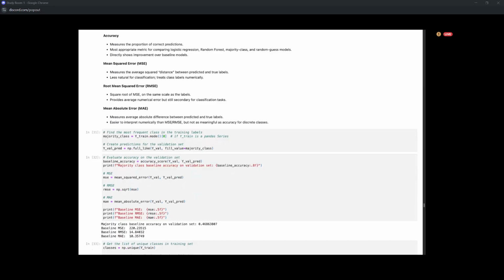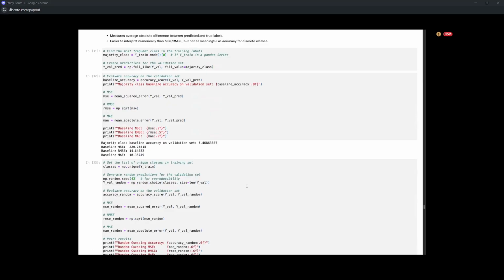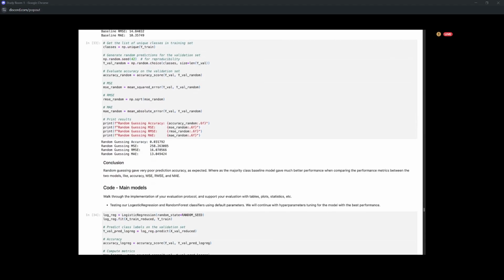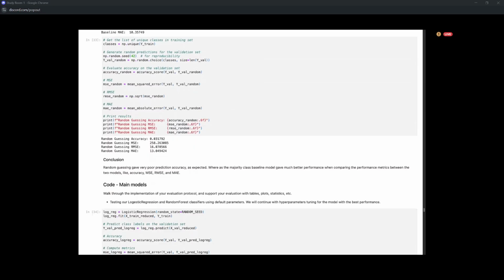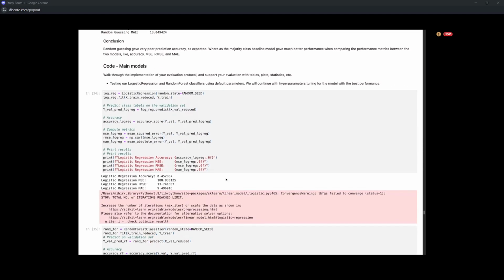For the majority class, we see that the model has an accuracy score of 0.468, and the random guessing has an accuracy score of 0.03. So the random guessing, as expected, does very, very poorly at only 3%, but the majority class is much better at 40 something percent.